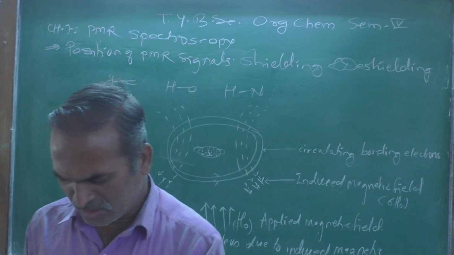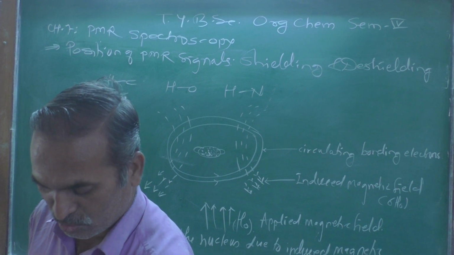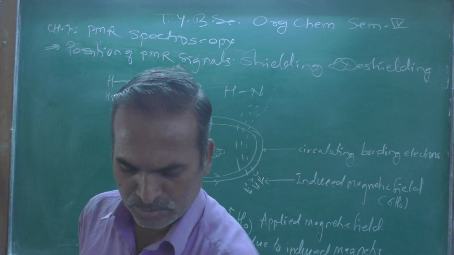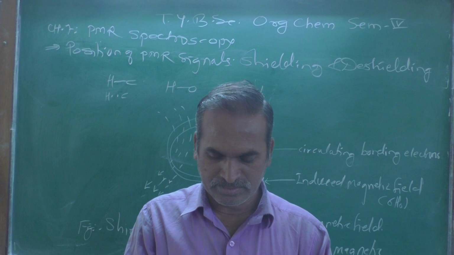The magnitude of the induced magnetic field is given by sigma H0, where sigma is known as the shielding constant.